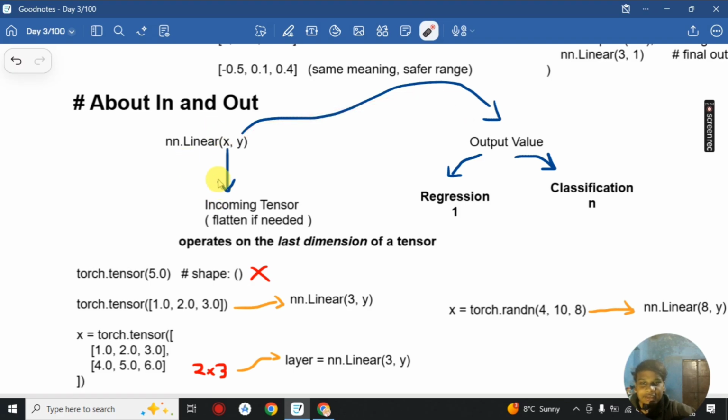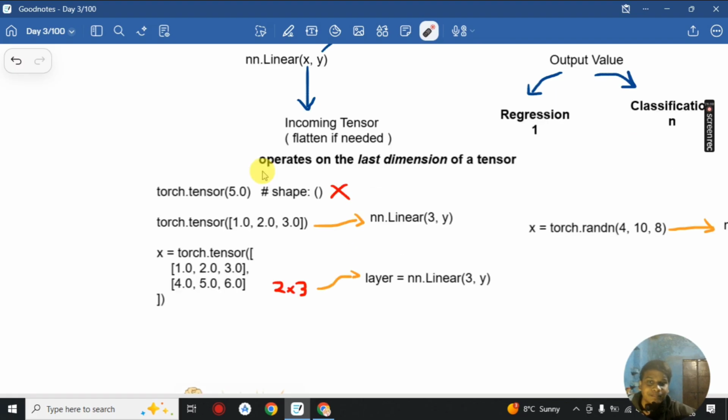For x here, it depends on the incoming tensor. First thing first, a 0-dimensional tensor doesn't work here. You must understand that as it's a neural network, it can't work on a single number. It needs a list of numbers as a matrix or tensor. So this one will not work here, since here we are getting 3 numbers.